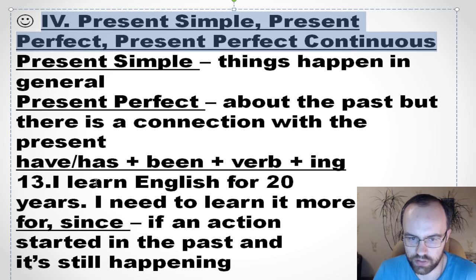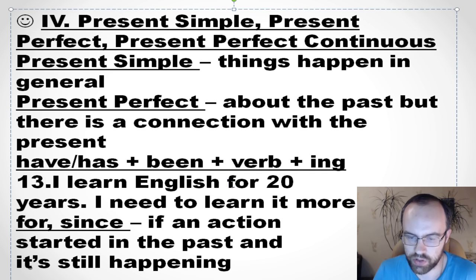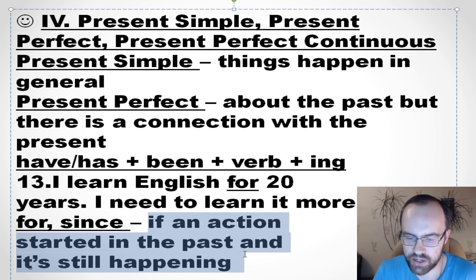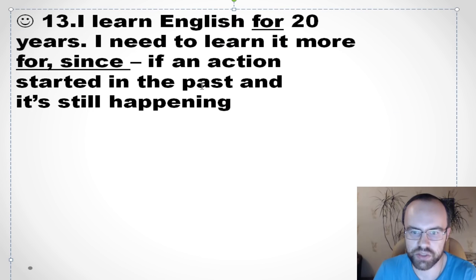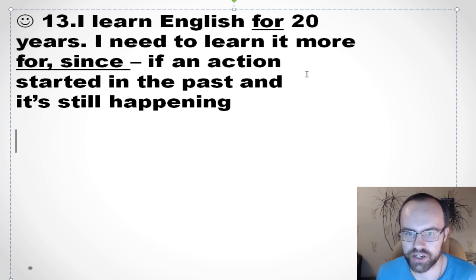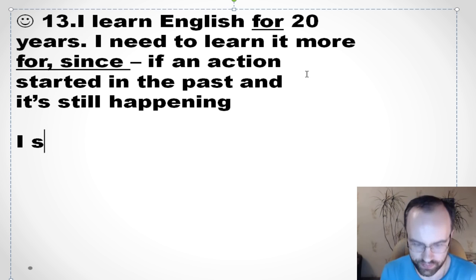So look, you can't say it because you have for. If you have for or since, and if an action started in the past and it's still happening, so what does it mean? For 20 years. Can I explain for you what it means? I think that I can do it. Just look. It means I started learning English 20 years ago.